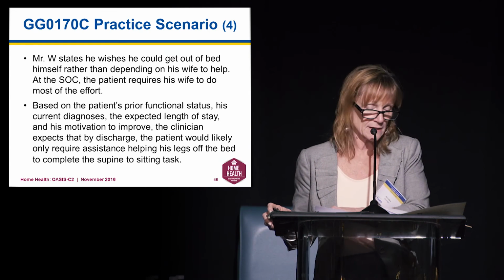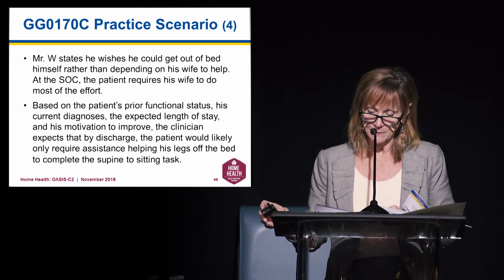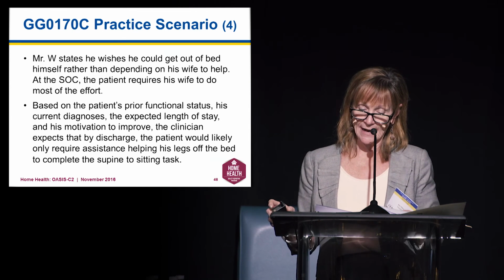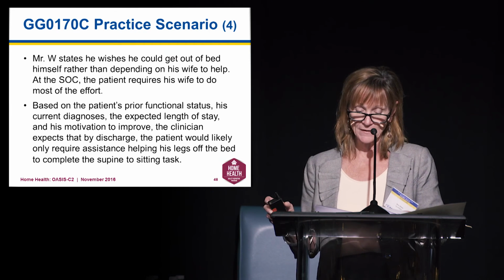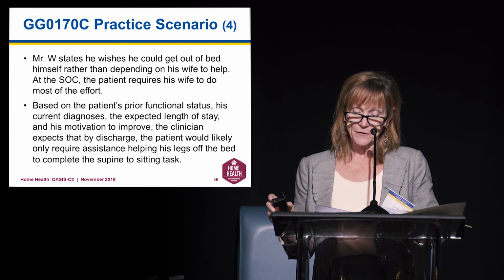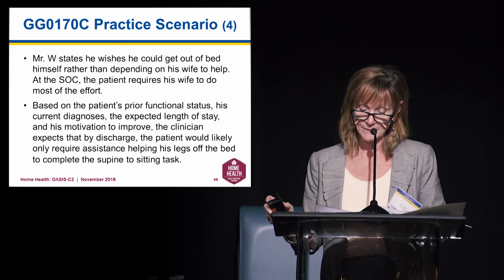So our last scenario, it has 2 parts. Mr. W states he wishes he could get out of bed himself rather than depending on his wife to help. At the start of care, the patient requires his wife to do most of the effort.